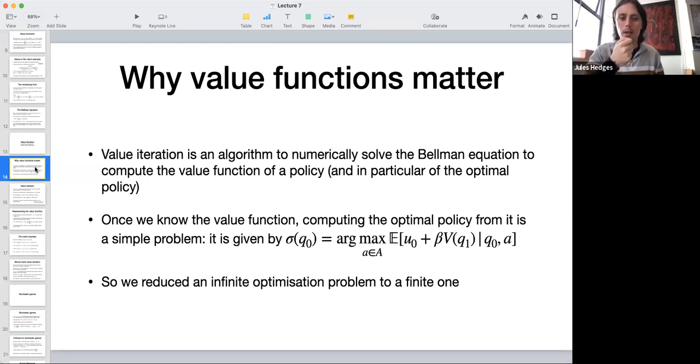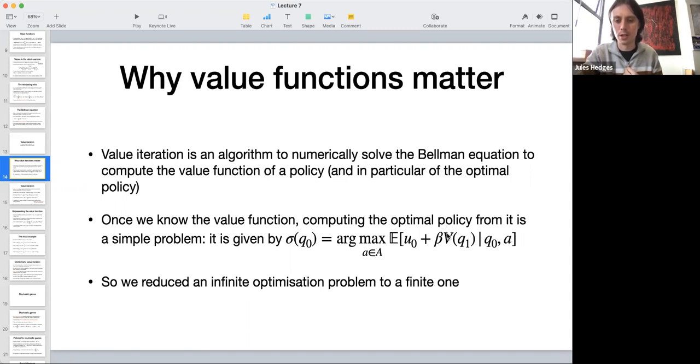Well, if we know the optimal value function, then we can get the optimal policy from it very easily, because the value function allows us to turn an infinite optimization problem, that is, find a policy that will optimize this kind of infinite sum, into a finite problem, namely this one.